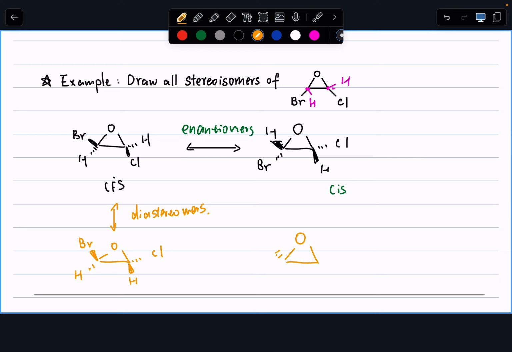So here I'm changing the position of my bromine and my hydrogen, and the rest kept the same.